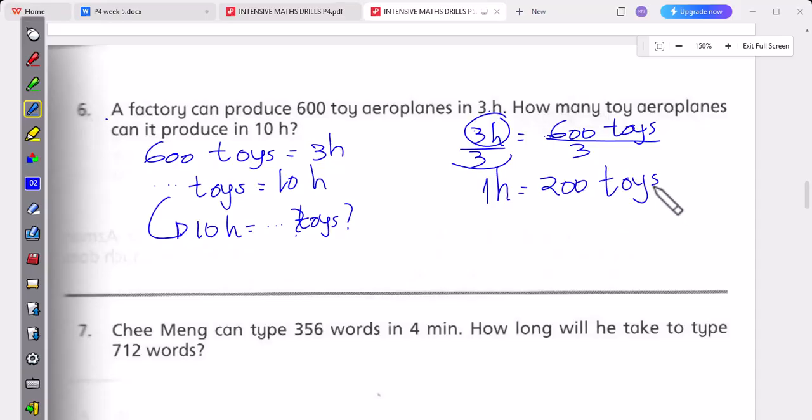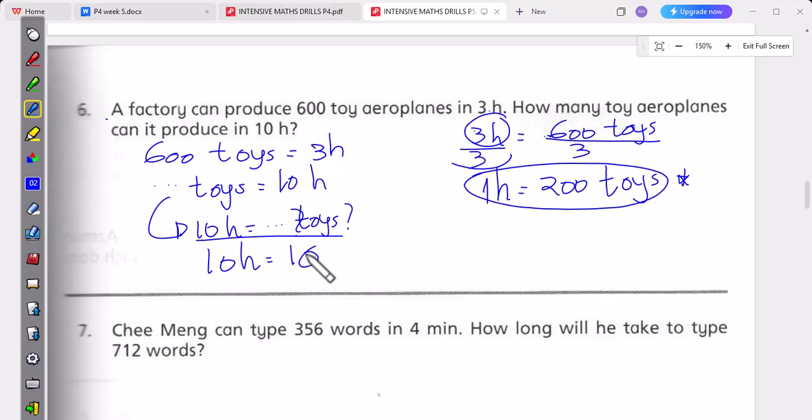So we got the new information that in 1 hour they can produce 200 toys. By using this information, we can find how many toys can be produced in 10 hours. 10 hours equal to 10 times 200 toys.